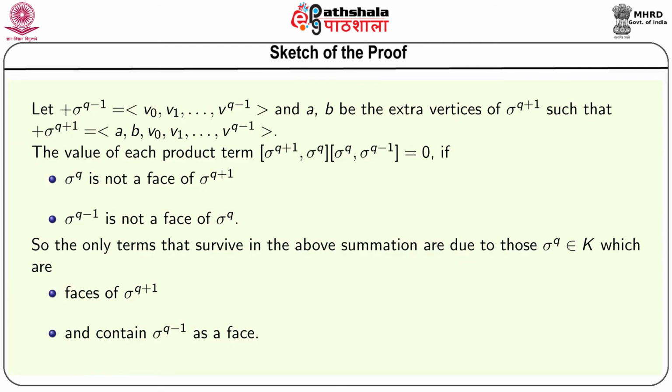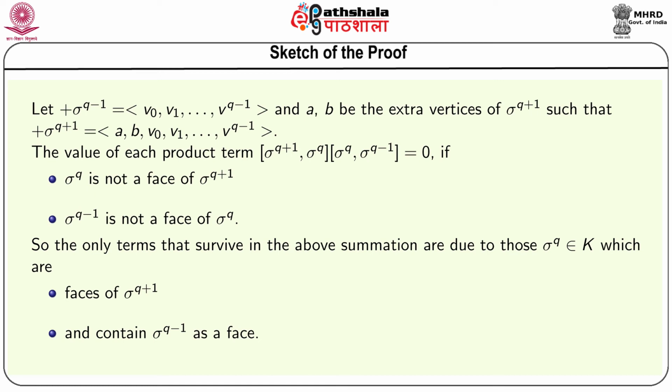Let us sketch a proof of this result. Suppose positively oriented sigma q minus 1 is V0, V1, Vq minus 1, and A and B are the extra vertices of sigma q plus 1, such that positively oriented sigma q plus 1 is A, B, V0, V1, Vq minus 1.